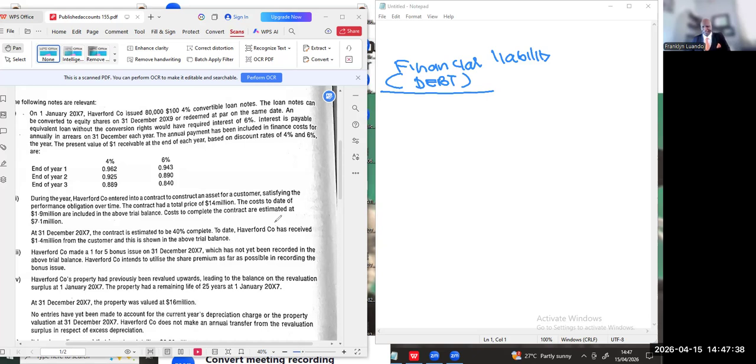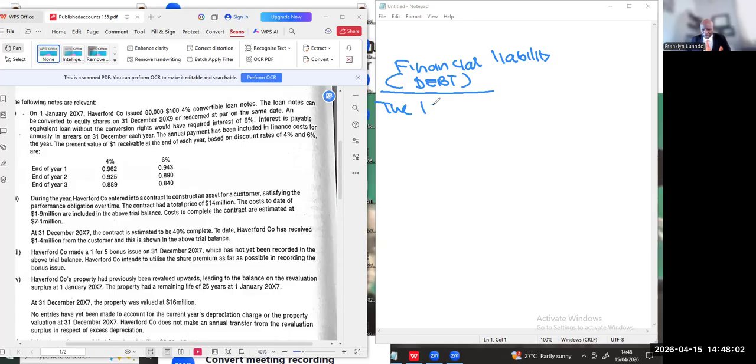One major feature of a financial liability is that the issuer has a contractual obligation to deliver cash to the holder. Very important.